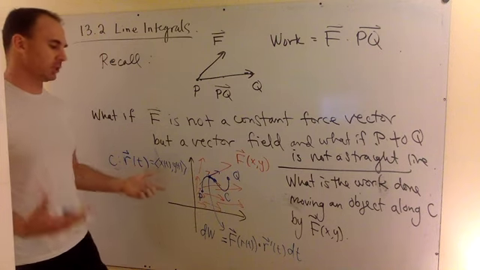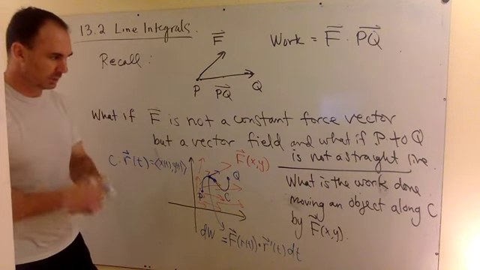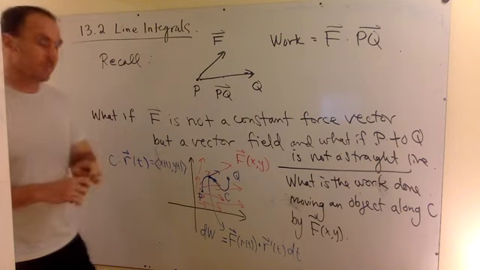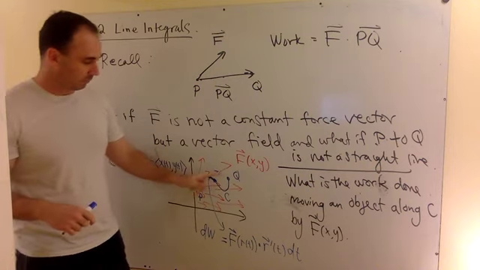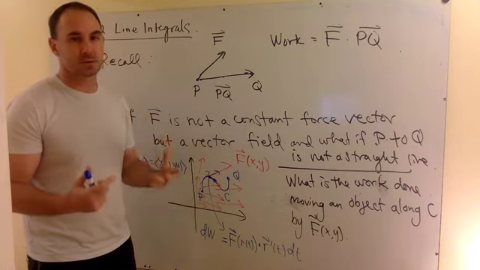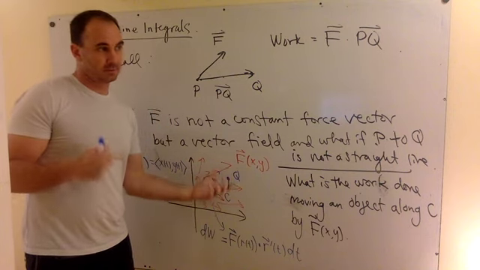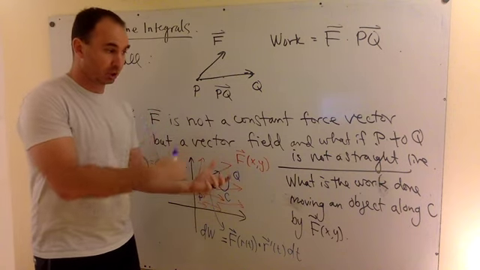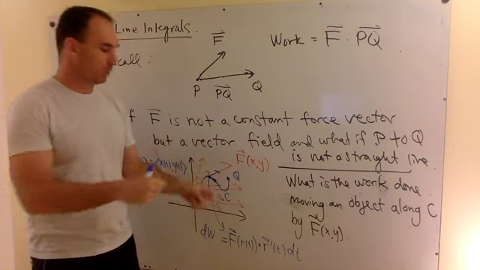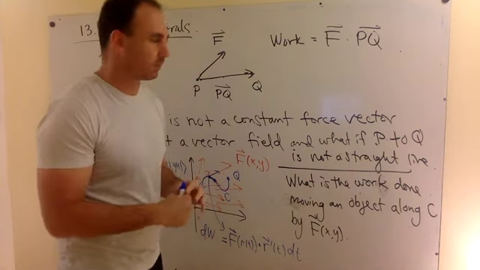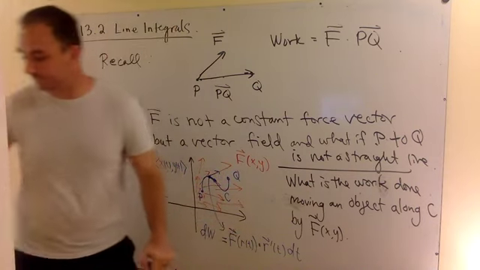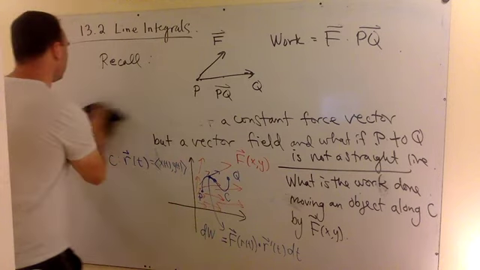And so it turns out that's how you do the general work in moving from P to Q along this curve: you plug in the points along the curve into the vector field, and dot them with the derivative of your parameterization, and that's it.